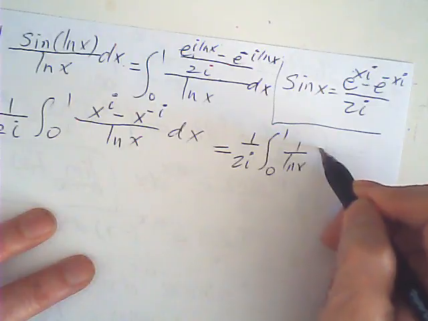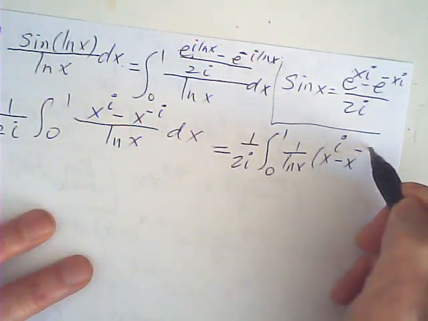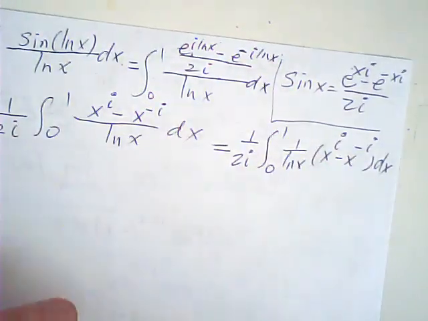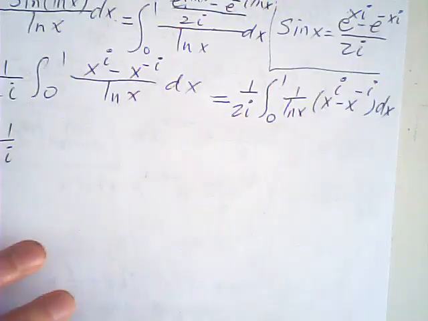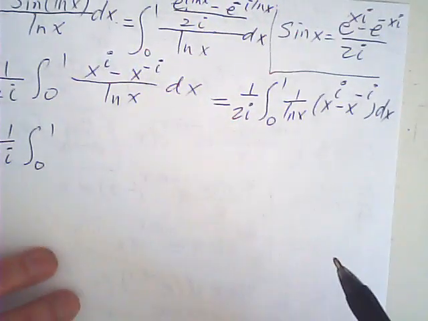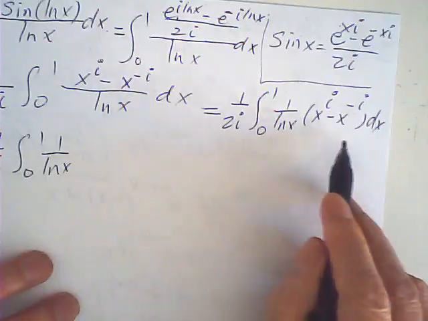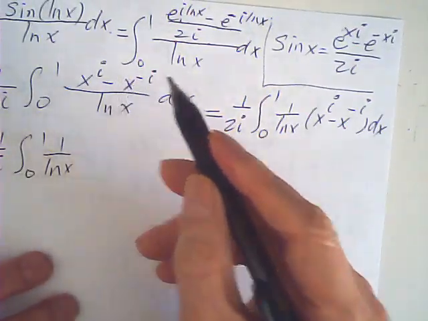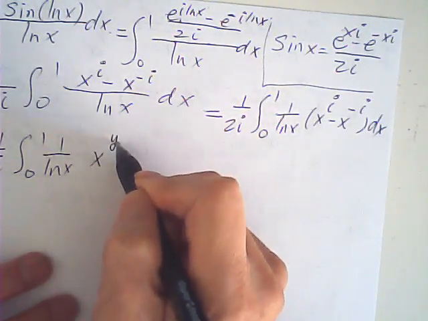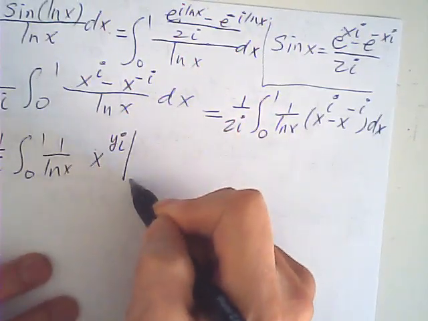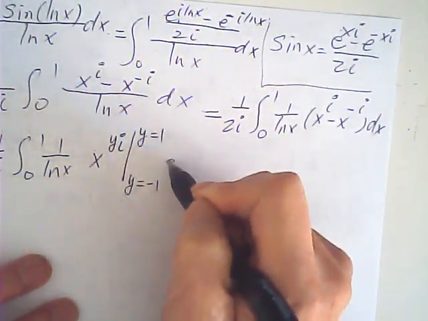This is x to the i minus x to the negative i, dx, divided by log x. So this is 1 over 2i, integral of 1 over log x, times the integral of x to the y, with y from negative i to positive i, dy, and dx.